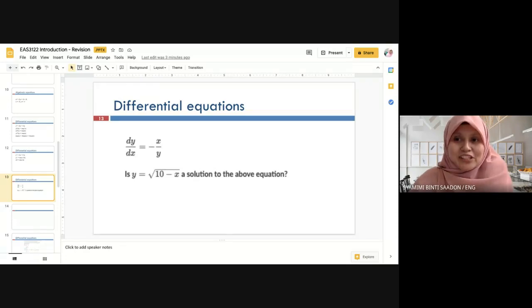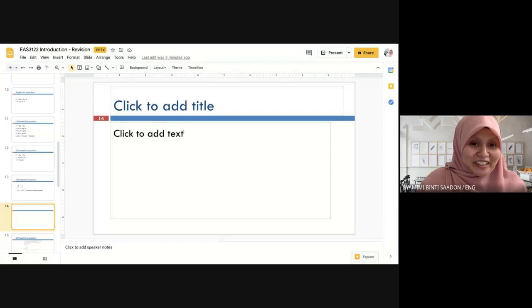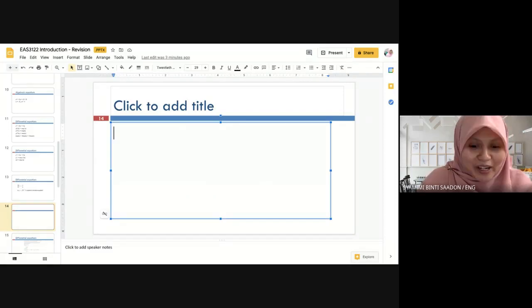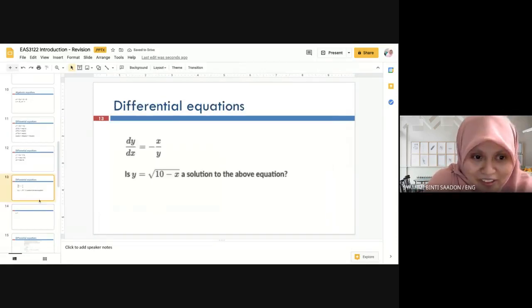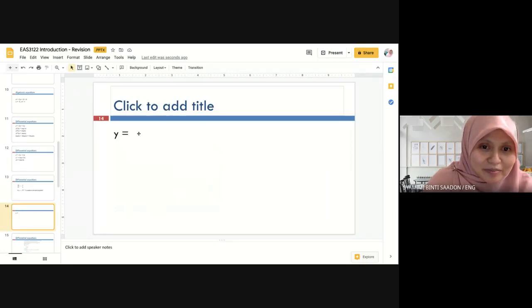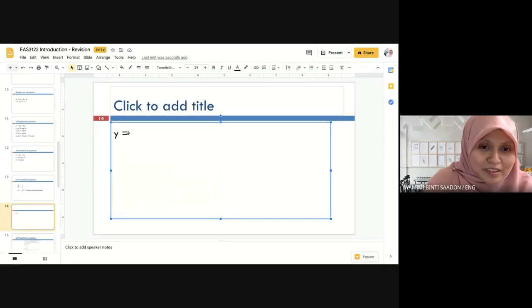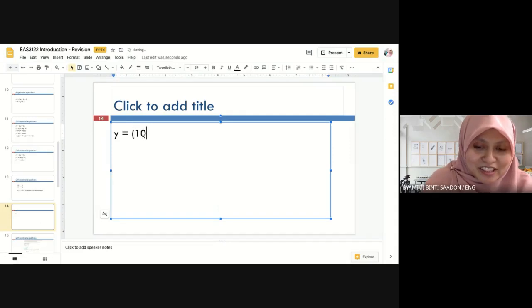Okay, maybe we try to differentiate so that you can refresh your knowledge of differentiation. Okay, so dy, we have just now y equals root of 10 minus x, which is power 0.5. Susah nak buat ni. I just write like this, but I hope you guys understand.